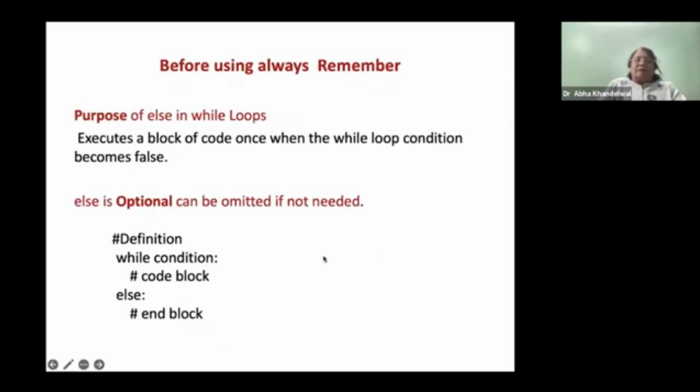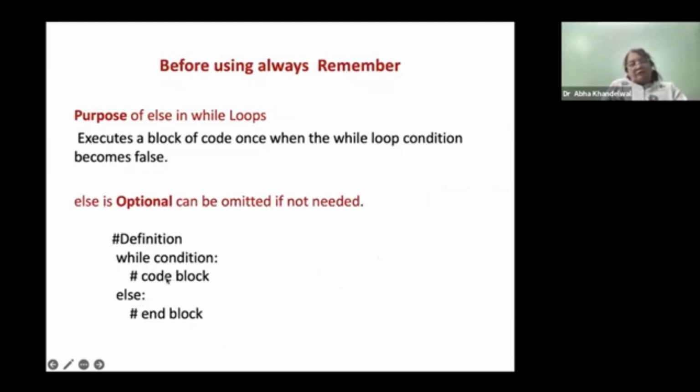Always remember, before using else in while loop, the purpose of else is that it executes a block of code once only when the while loop condition becomes false. So when it is false, the control will be transferred to the else part.